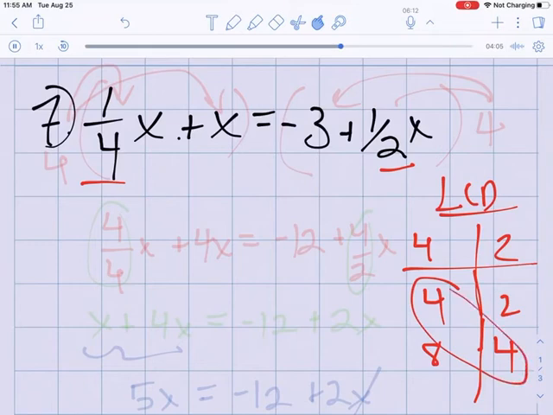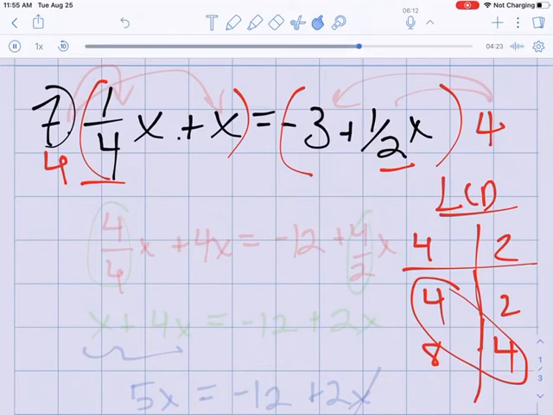And there we have our first least common multiple, or least common denominator, which is 4, which means I'm multiplying both sides by 4. And when I multiply both sides by 4, I'm going to be doing some distribution here.